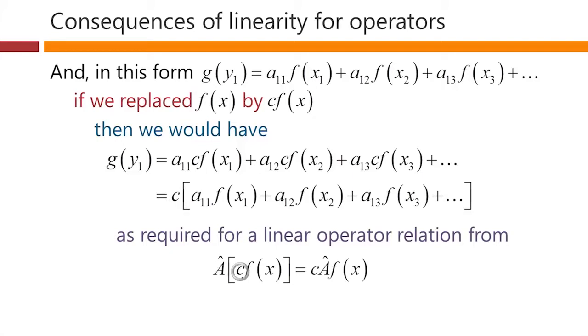A operating on c times f of x has to be c times A operating on f of x. So this relation that we have proposed here is at least satisfying both of the criteria to describe an operation that is linear, that turns f of x at all of its values possibly into g at some specific value of its argument.